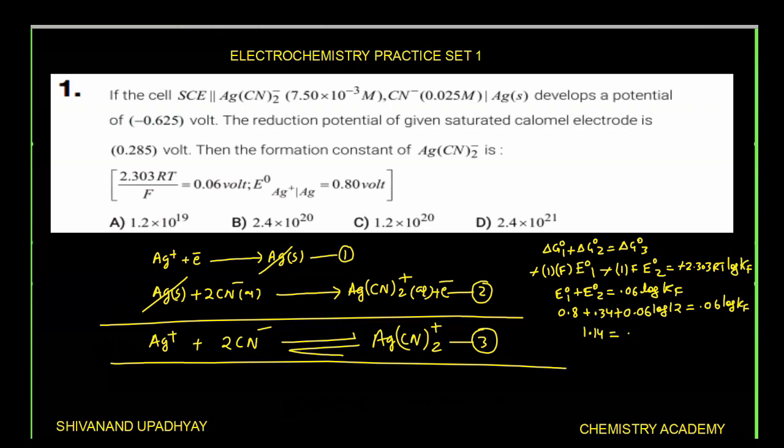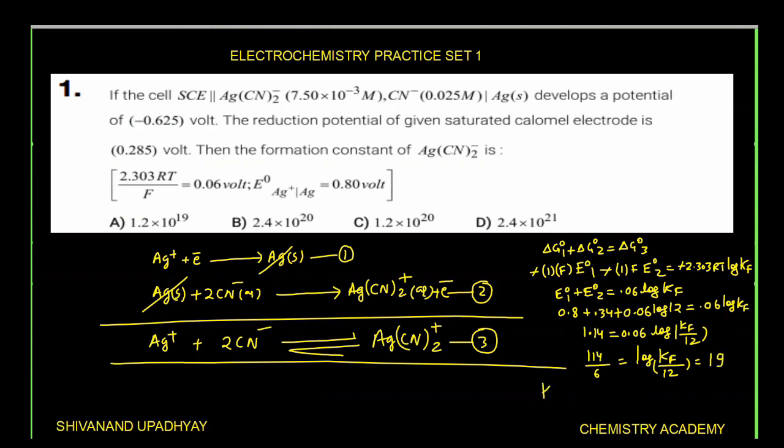On the right hand side, 0.06 will be common, and this is equal to log Kf upon 12, because when it goes to this side it becomes negative, so I can write log 1 by 12. If I simplify, I am getting 114 divided by 6 is equal to log K formation upon 12, and this value is equal to 19.